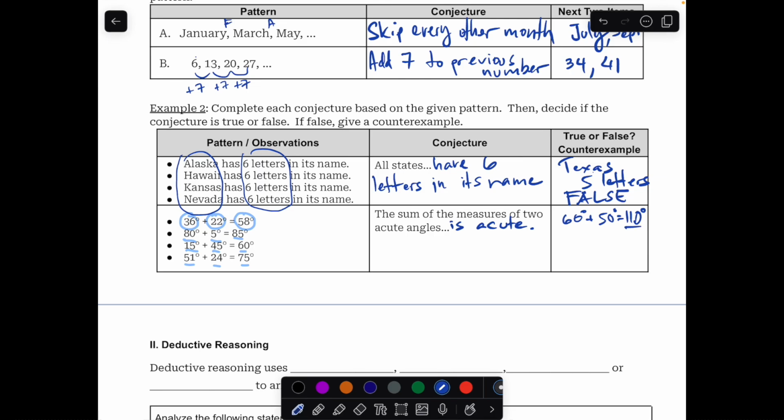So 110 is obtuse. This is one counterexample that makes our conjecture false. All you need is one. There are more, but all you need is one.